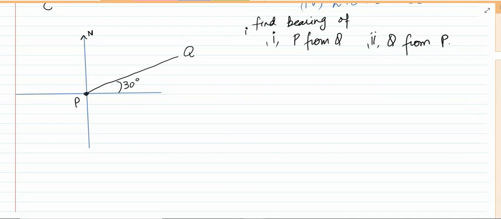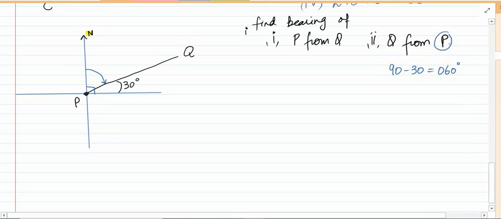Find the bearing of Q from P. If it says Q from P, then we are talking about the north of P, and north of P is highlighted. So it is very simple. We are looking for this angle. We know that this angle is 90, so it will be very simple. 90 minus 30, that is 60, and we will write 060.